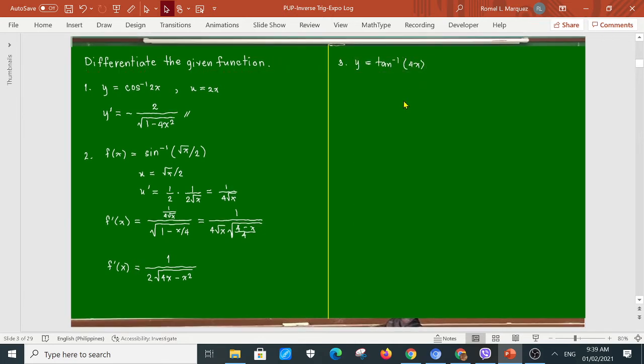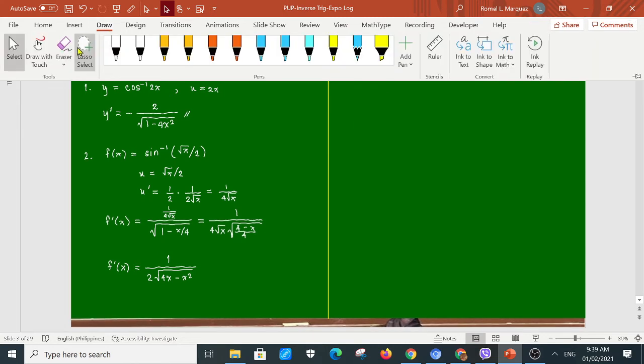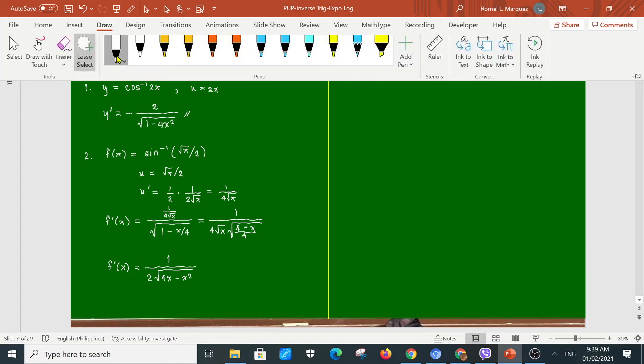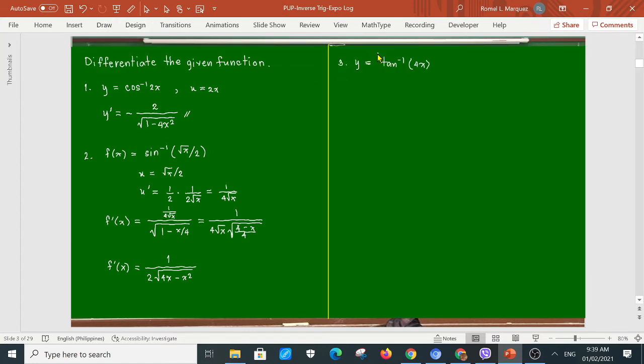This function. And raised to 3. So this negative 1 is not an exponent, okay? So it means inverse.